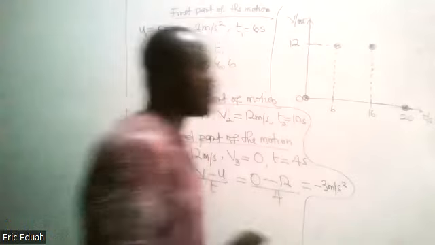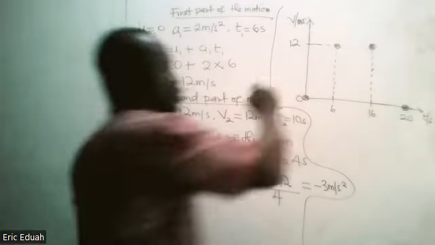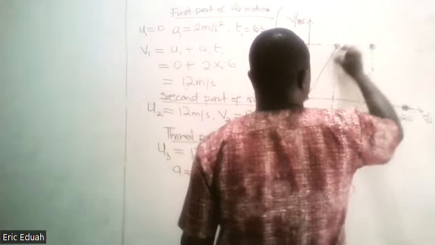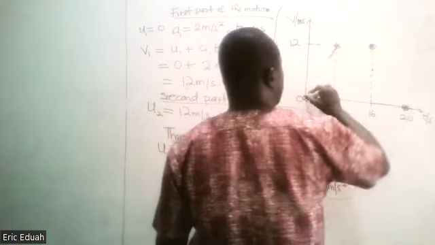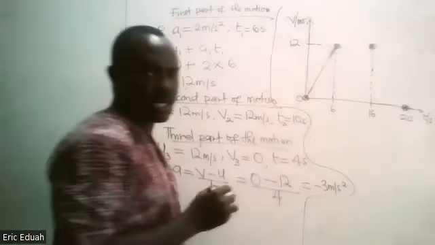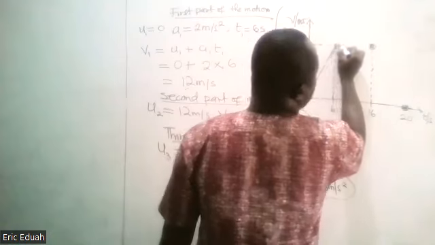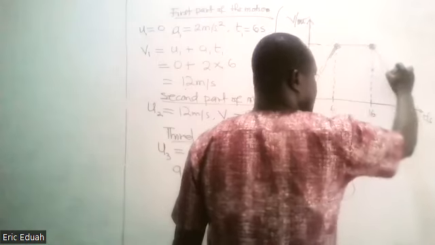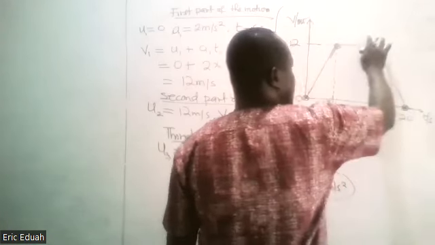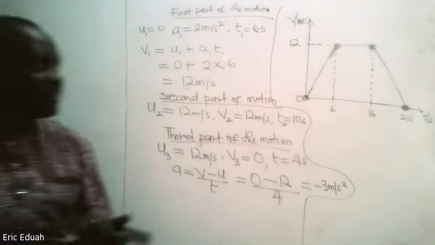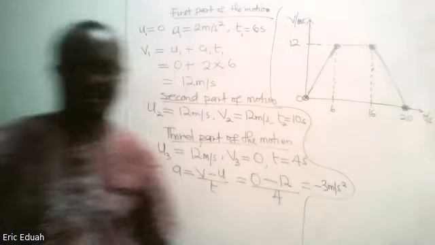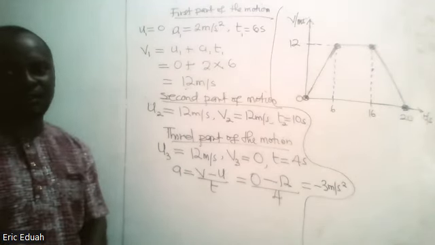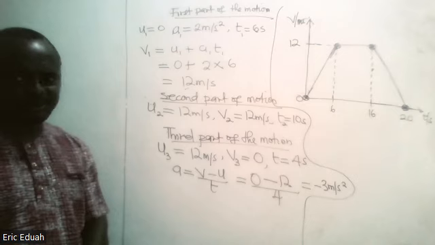All I'm going to do is join the points freehand: the first velocity, where the velocity is maintained, and where we have a uniform deceleration to rest. This is the velocity time graph of the motion.